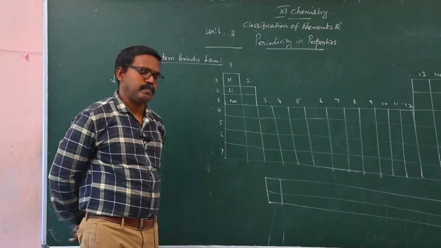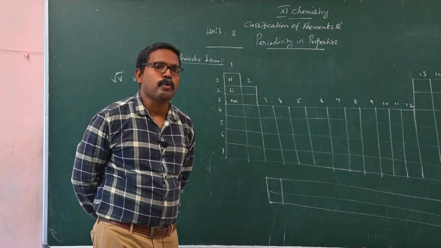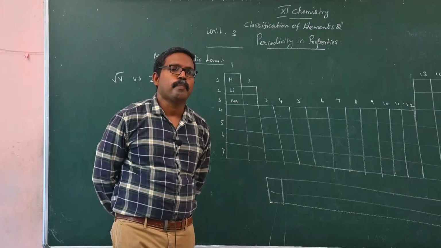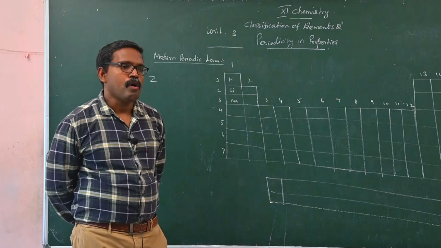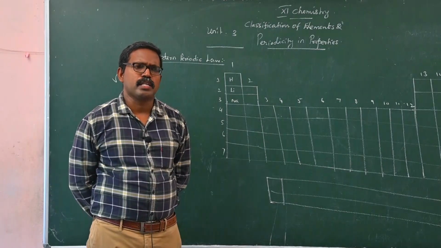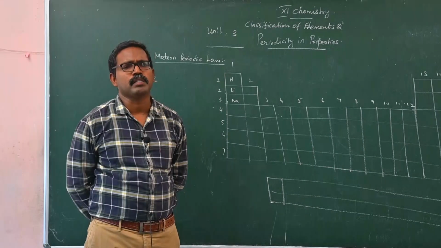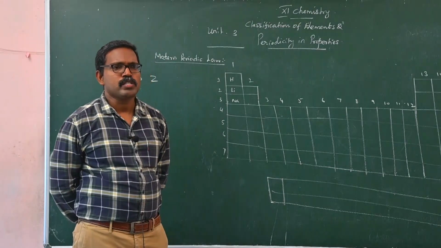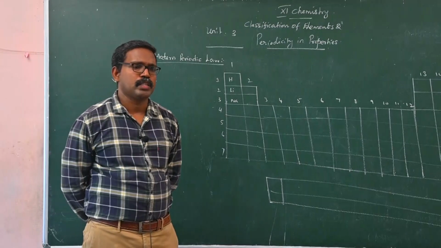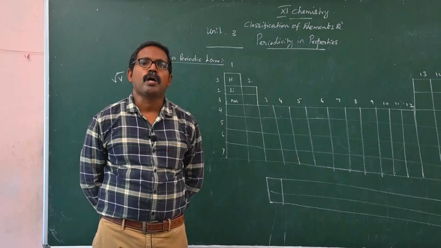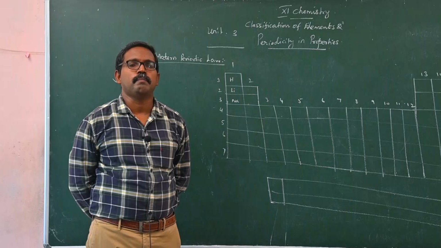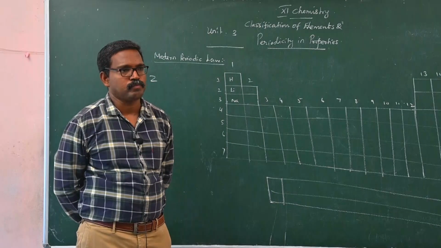Henry Moseley is the scientist who proposed the modern periodic law. Up to then, scientists tried to arrange the elements based on their atomic weights. Instead of atomic weight, Henry Moseley proposed the table based on atomic number.